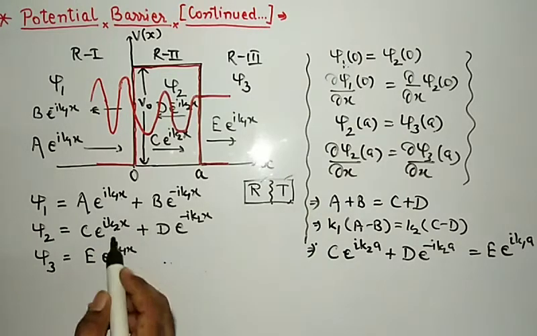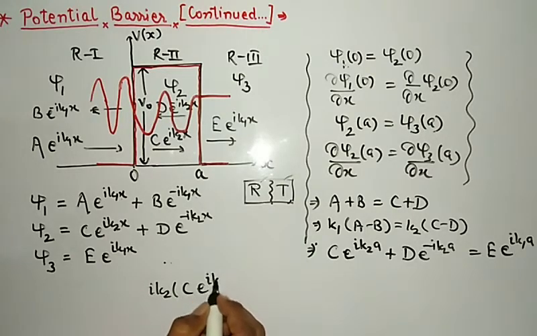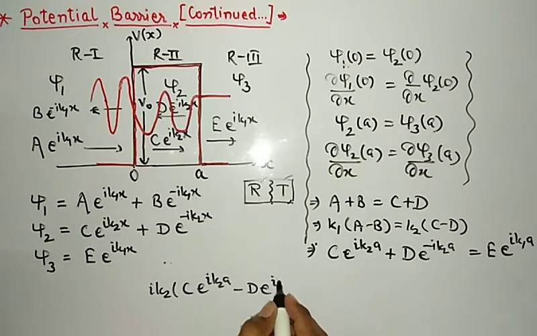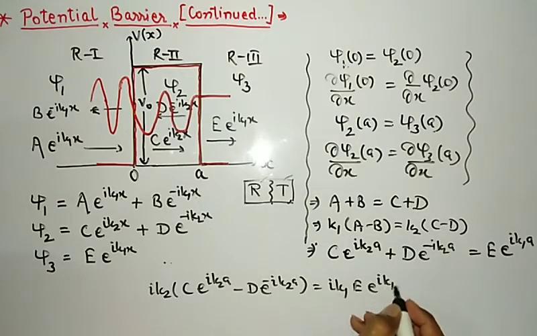ik2 will get from both terms. So ik2 will be common, c e to the power i k2a minus d e to the power minus ik2a is equal to ik1 e to the power minus i k1a, because we have to put a also.